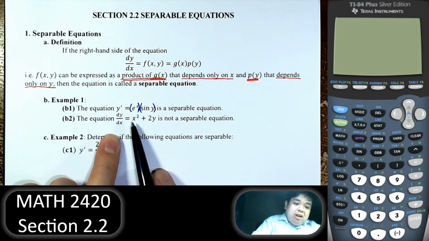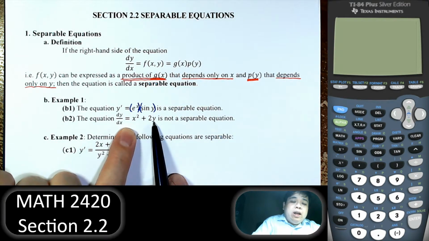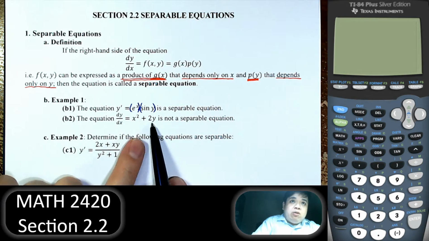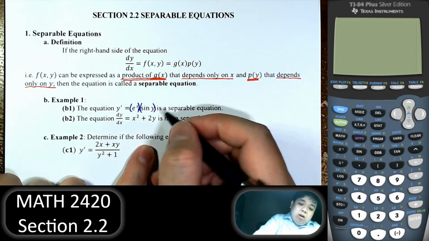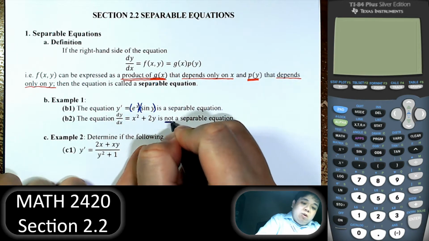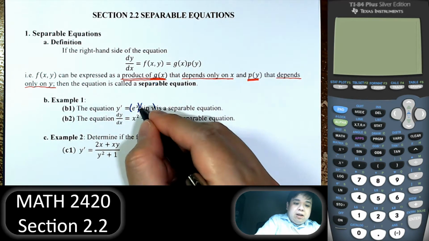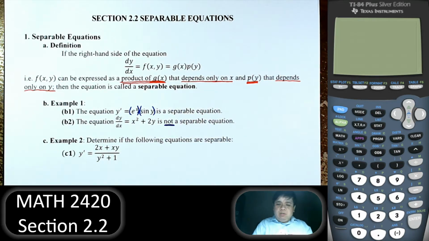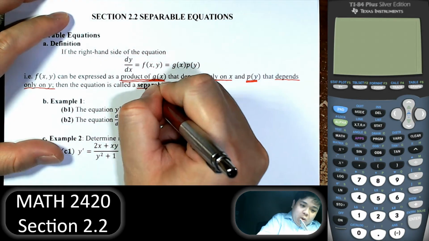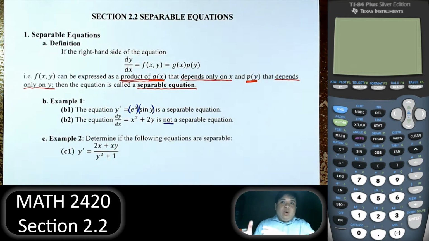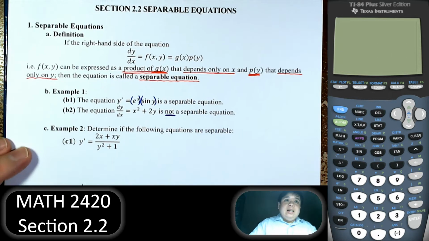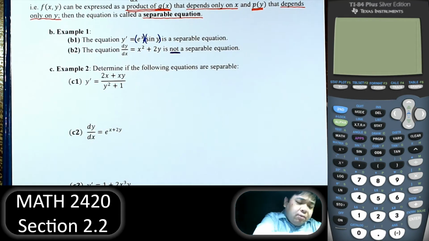This one, y prime equals x squared plus 2y, we cannot write as a product of a function of x times a function of y. So this is not separable. This one can. Pretty straightforward. For a separable equation, we have the derivative equal to a separable function. Right, let's look at some examples.